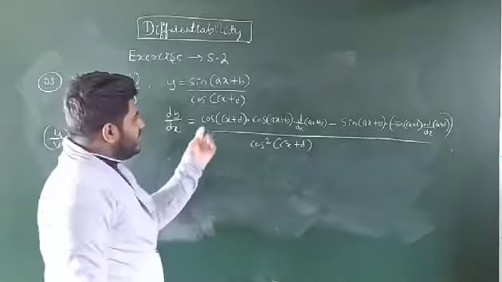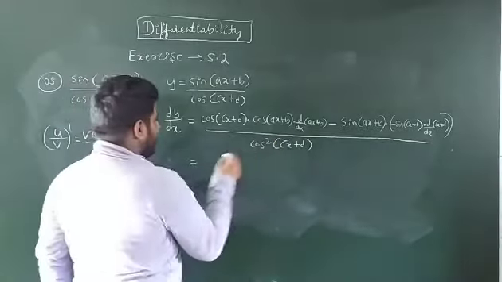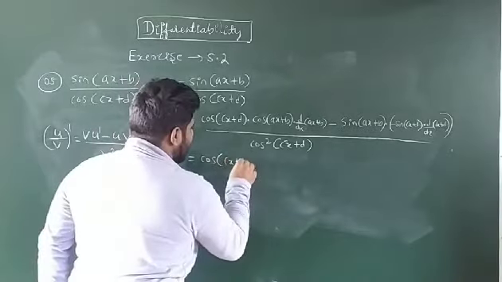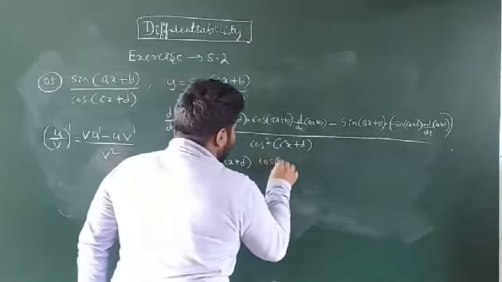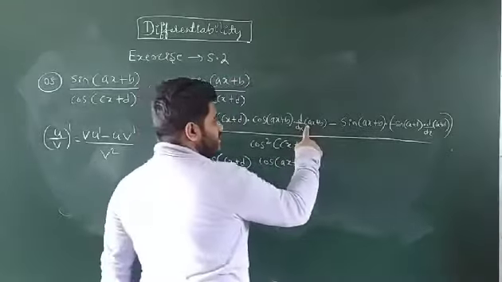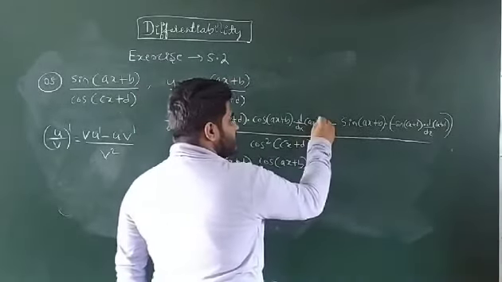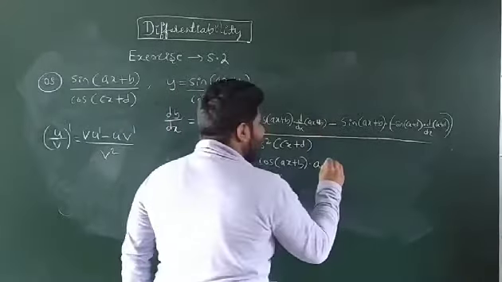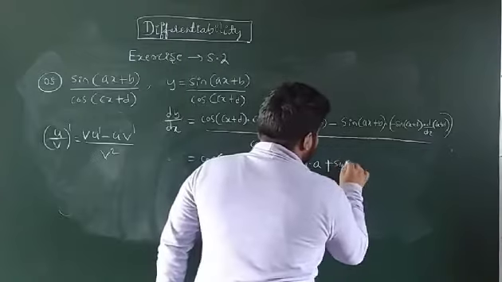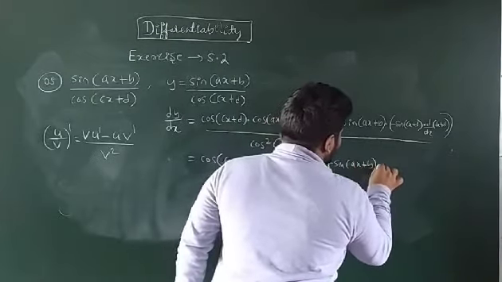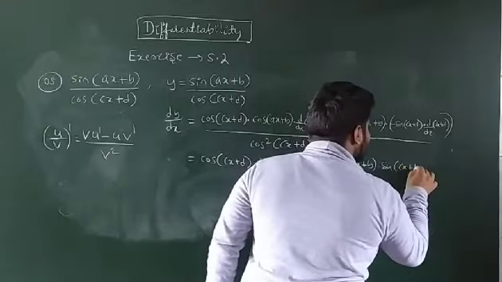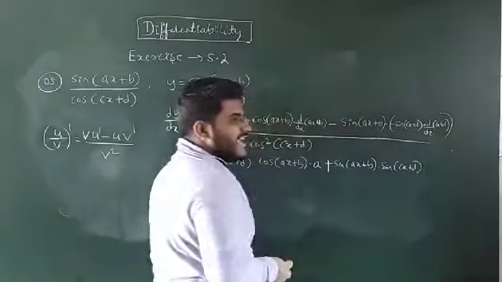So next one, simplify this one: cos of cx plus d into cos of ax plus b, into differentiation of ax plus b. Differentiation of ax is a, differentiation of b is 0. So what we are getting? Only a. Minus minus plus, we are having sin ax plus b into sin cx plus d into differentiation of cx.